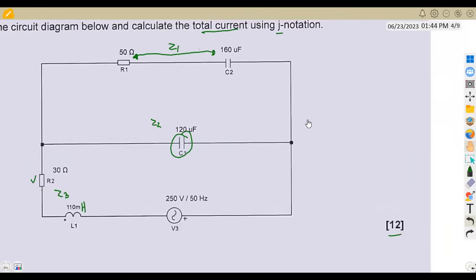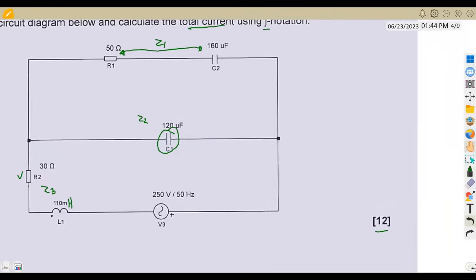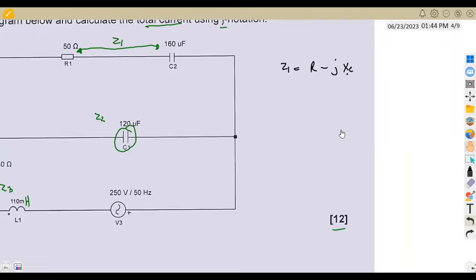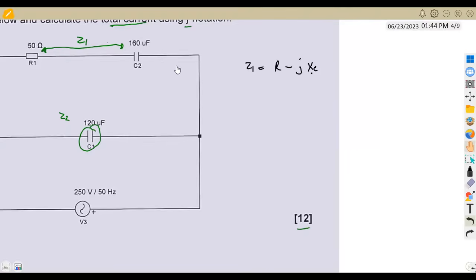So how are we going to have our Z1? We understand that from the resistor and capacitor, Z1 can be given as R minus jXC. If we have an inductor, then we've got a plus. XC is our capacitive reactance, so we need to find it from the capacitor. Here we are going to use the formula XC equals 1 over 2 pi FC.